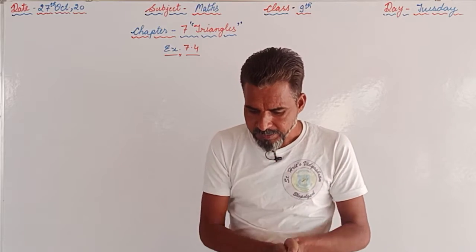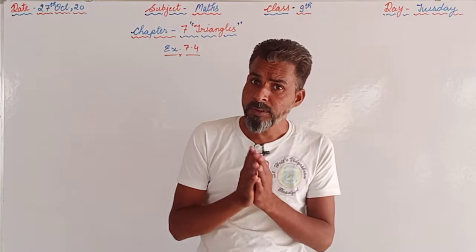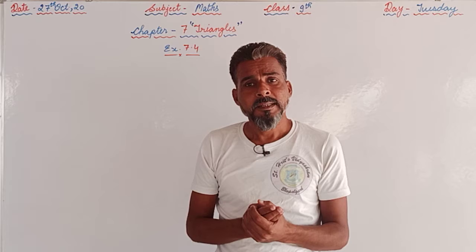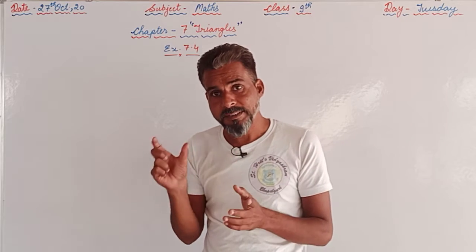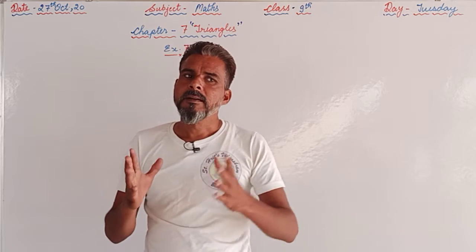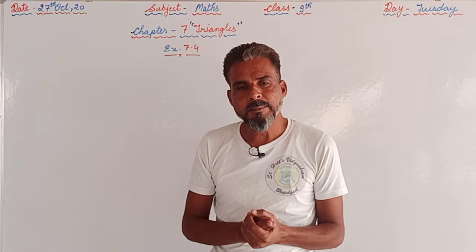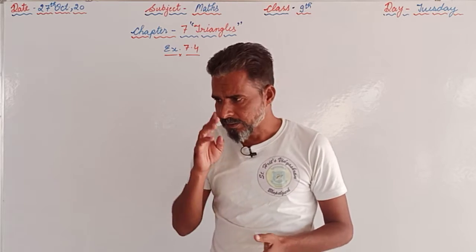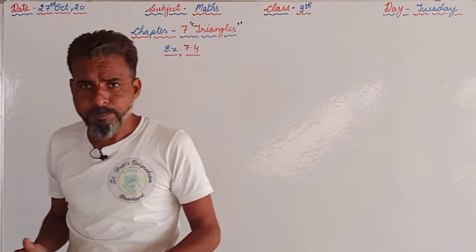RHS is the criteria for the right angled triangle, in which both the triangles are right angled, means one of the angles is 90 degree and the hypotenuse is also the same length, and one side out of the 2 remaining sides should also be the same. In that case we can say the triangles are congruent by RHS. So that was the work up to exercise 7.3.